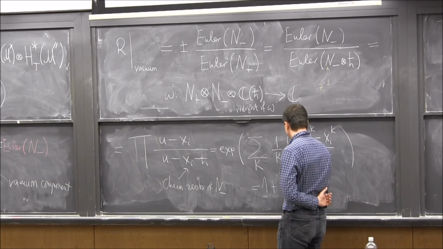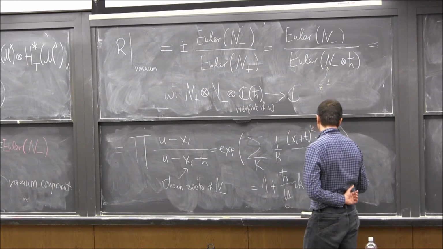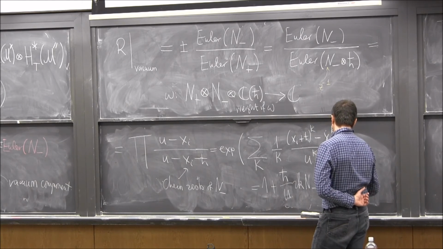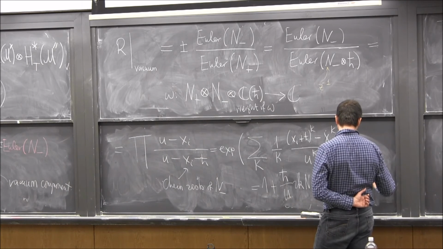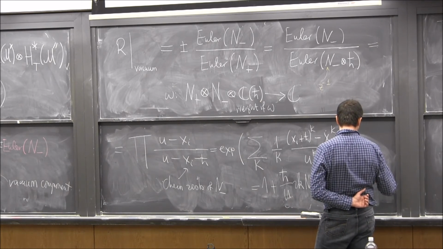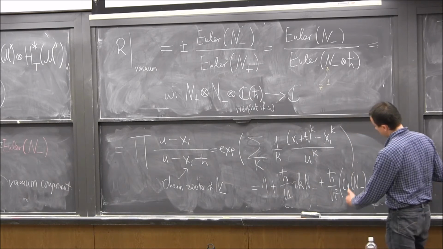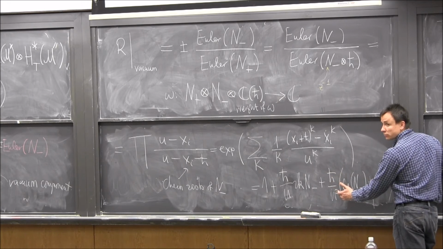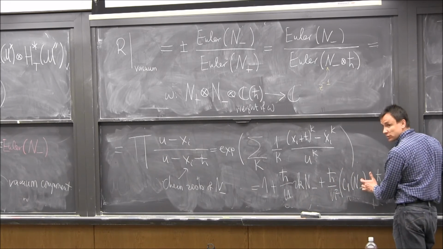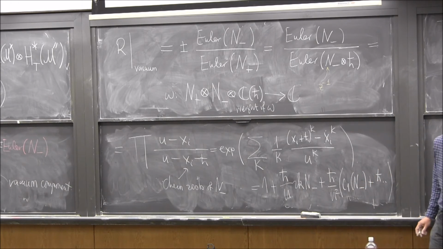So h bar over u times the rank of n minus, plus h bar over u squared times c1 of n minus plus some terms with h bar having to do with the rank. If you look at the coefficient of 1 over u to the k, this will always have h bar in it, and then the next coefficient will be the Chern class k minus 1 of n minus.